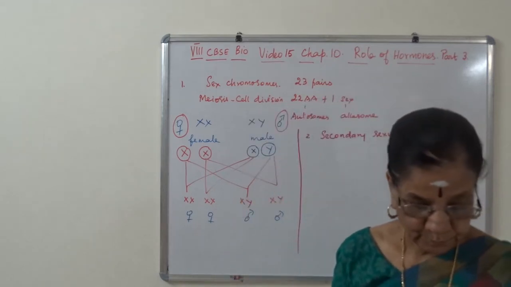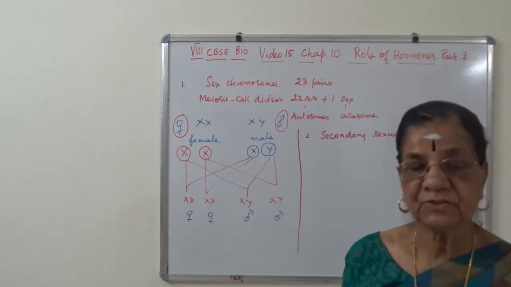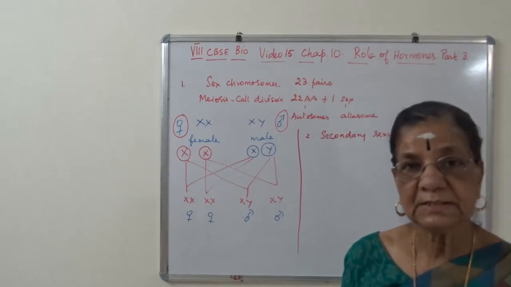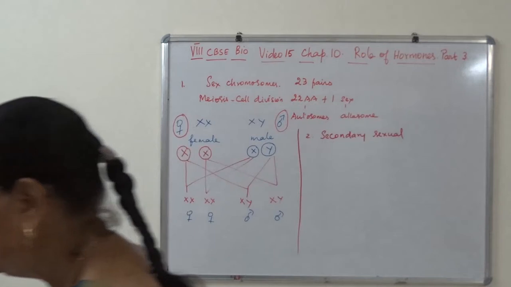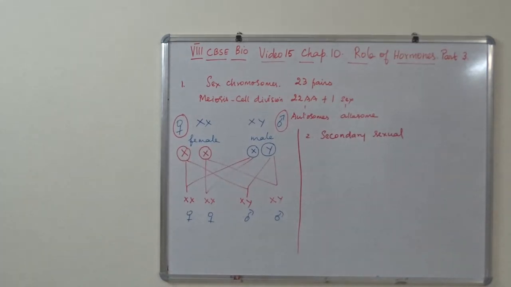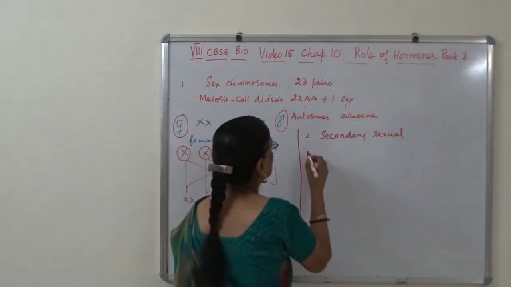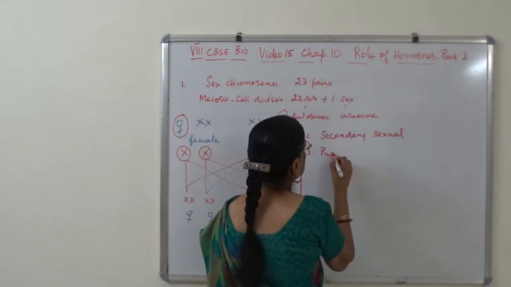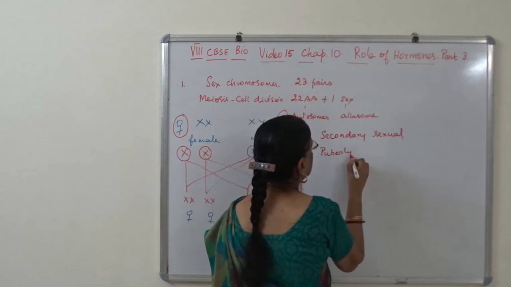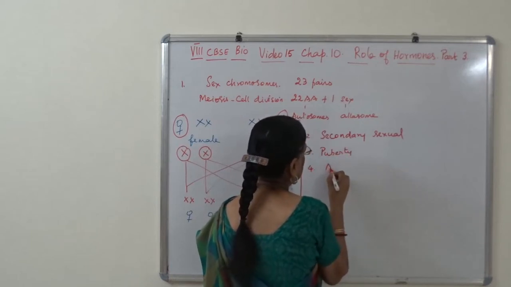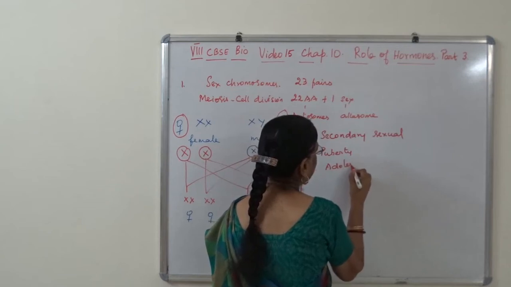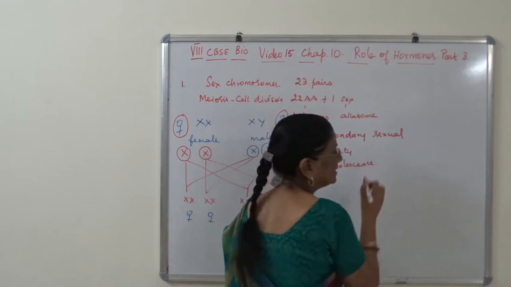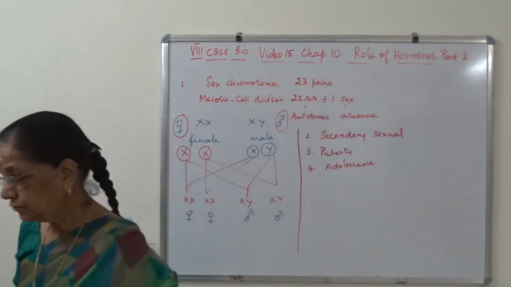Then these secondary sexual characters are appearing. Then we come across the terms puberty and adolescence. What do we know?